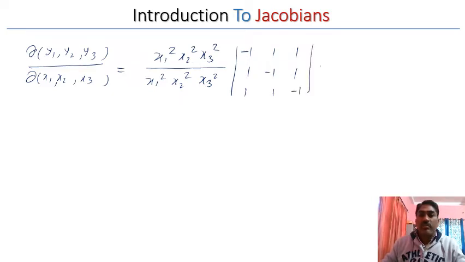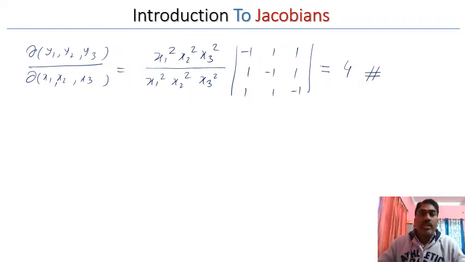So you can see that x1 square, x2 square, x3 square are all cancelled out, and you can simply find these determinants. So this will become 4, and finally we have the answer.